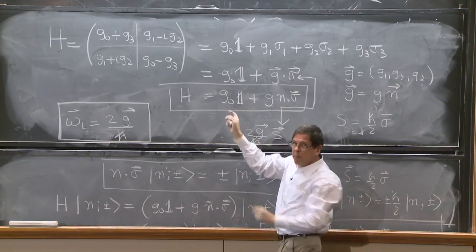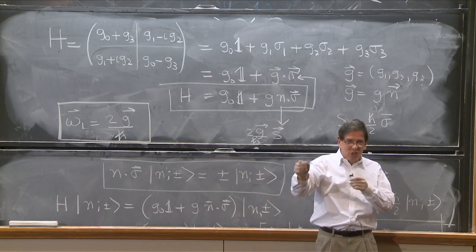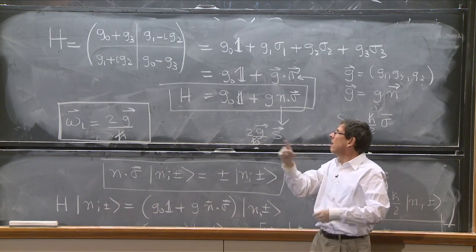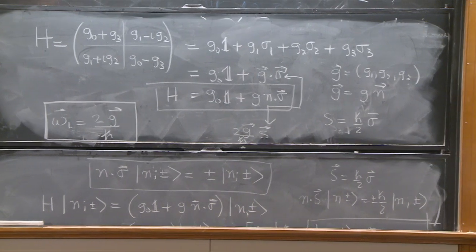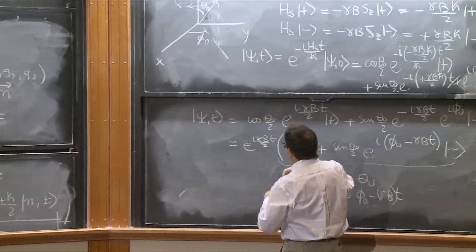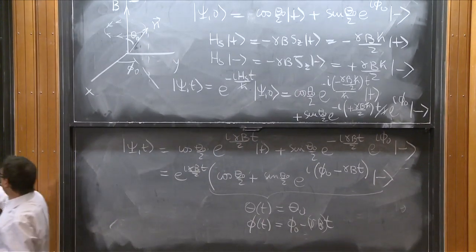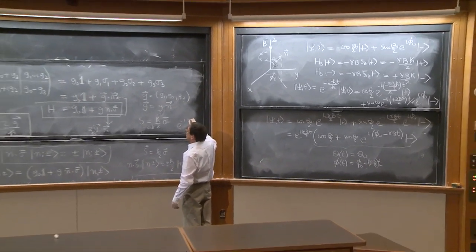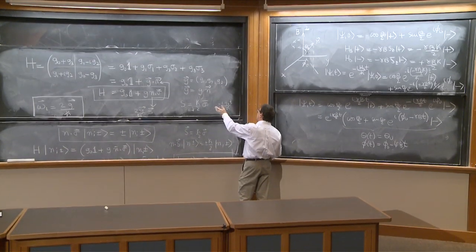A part proportional to the identity cannot do precession. It's just a constant term that produces a pure overall phase that doesn't change the state. You would have an extra factor of e to the minus i g naught t over h bar multiplying all the states.